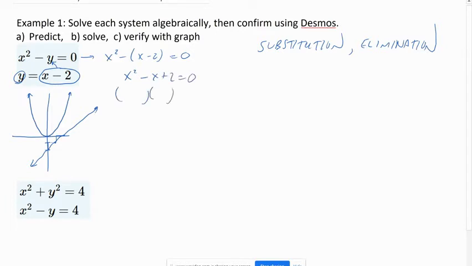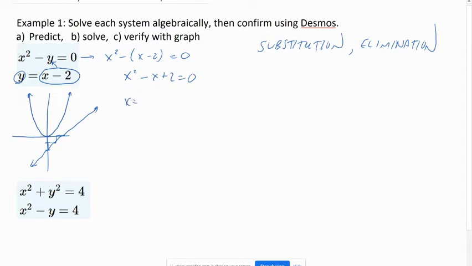Now we can try factoring this, x, 1, 2, but then to get a minus in the middle term, we would need -2 and +1. But the problem with that is now when we multiply these last terms, we get -2, and we're trying to get a +2. So it looks like it's not factorable. So since it's not factorable, let's consider the quadratic formula.